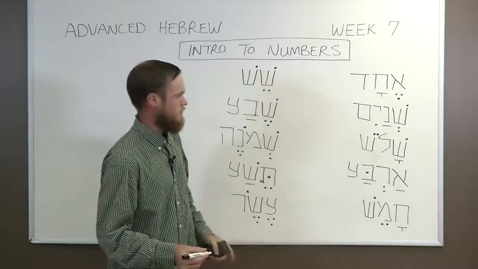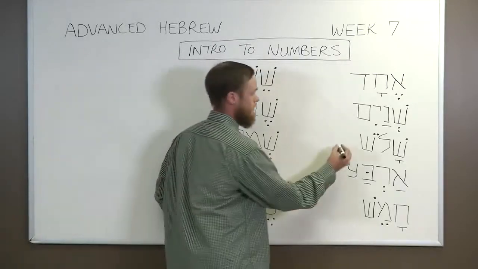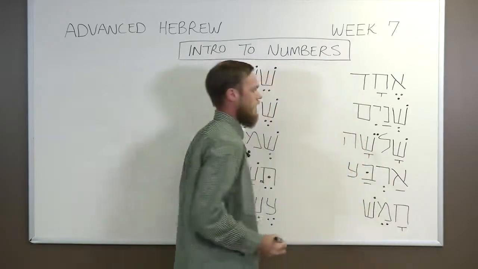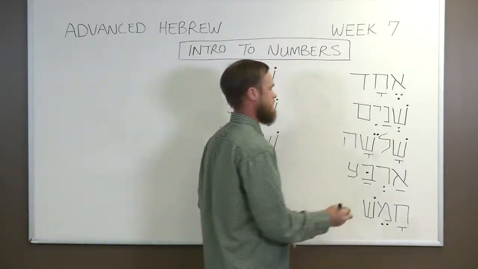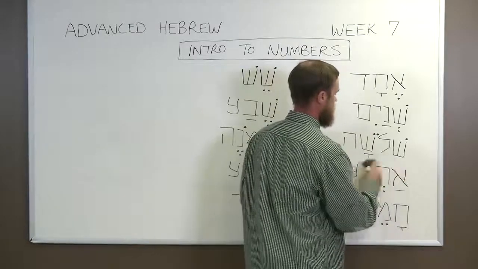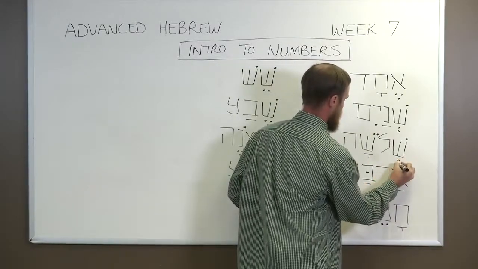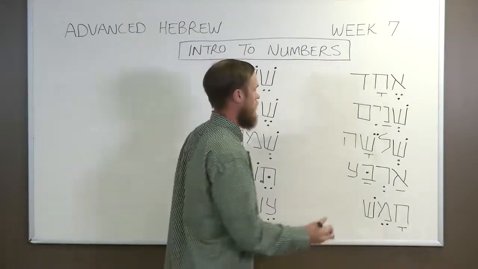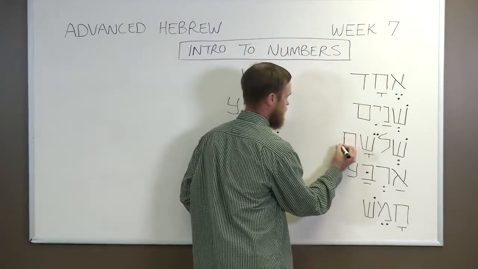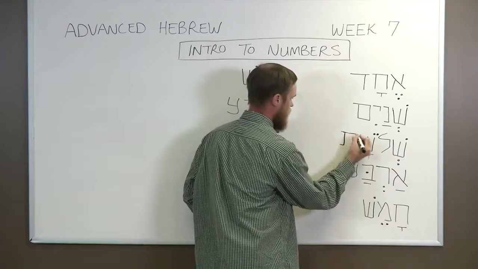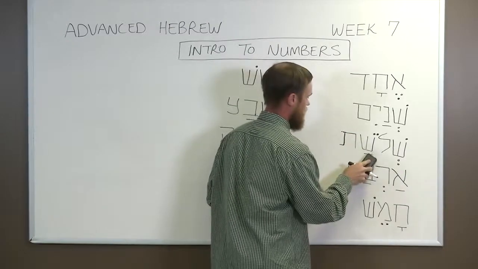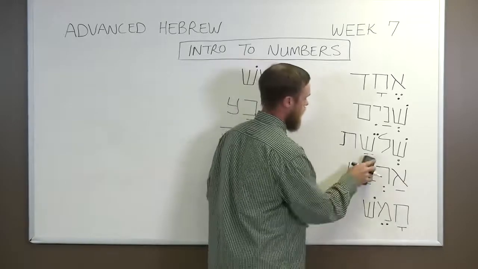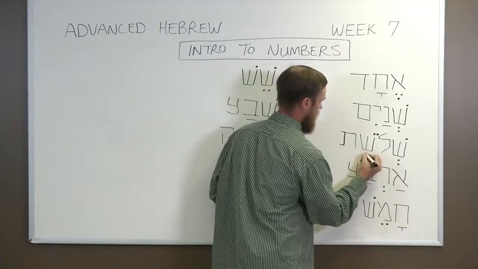The feminine forms from 3 on up, as I mentioned, are all made by adding the kometz hey to the end. In the adjective form, this is how it's made feminine. When these are put in the construct state, this hey changes to a tav, and depending on the number, we'll find either a patach or a segol in front of that tav.